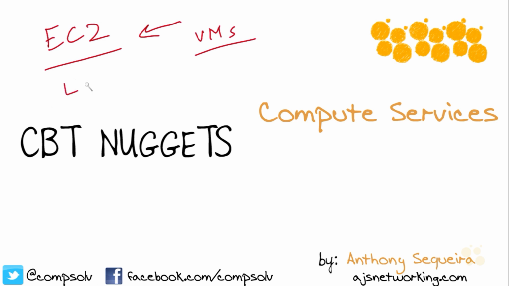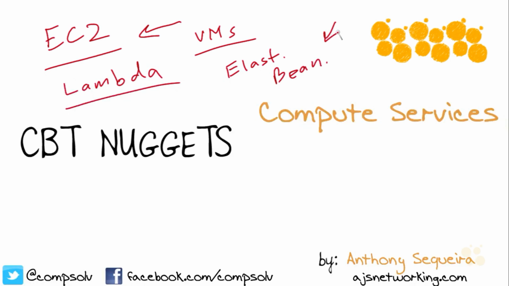But if we want to go serverless, we have Lambda. Lambda allows us to not even spin up any servers and still get compute functions done. Our developers may want to take advantage of Elastic Beanstalk, and that'll allow them to have all of this EC2 and load balancer and network stuff created for them so that they can just upload their application.